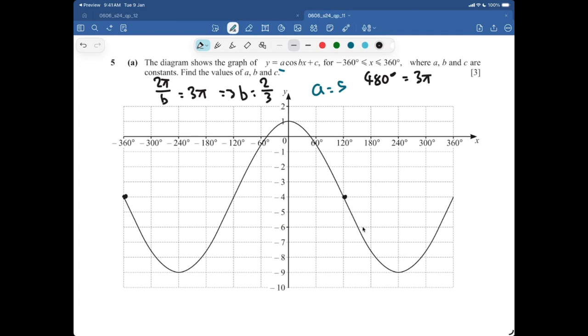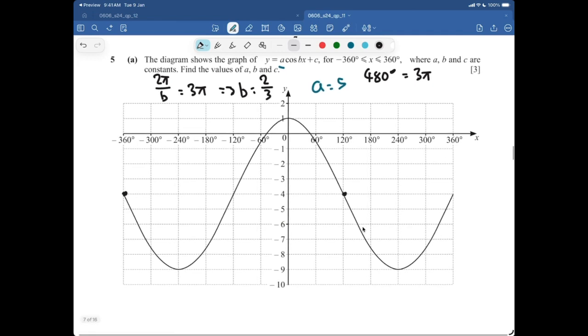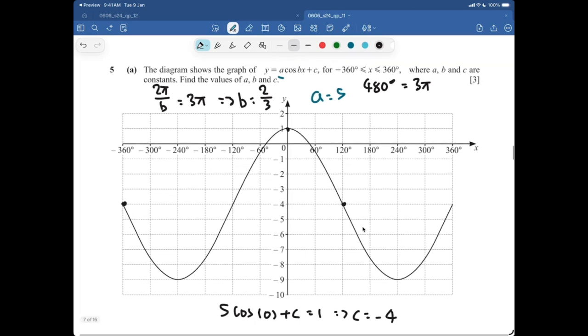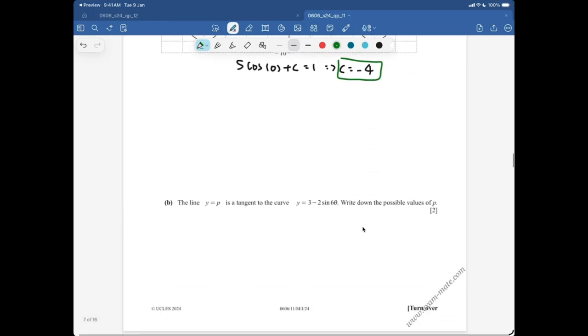Lovely jubbly. And then finally, we can find c by just subbing in x equals 0 and equating that to 1. So you write 5 cosine of 0 plus c equals 1, which gives you c equals negative 4. So again, I'm going to circle out the values just so it's easier for us to mark it later.